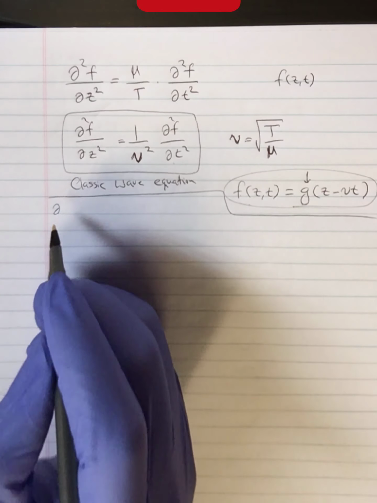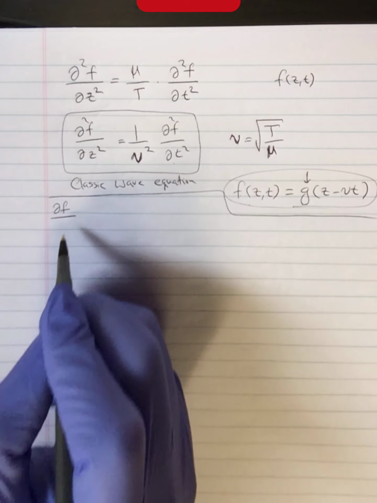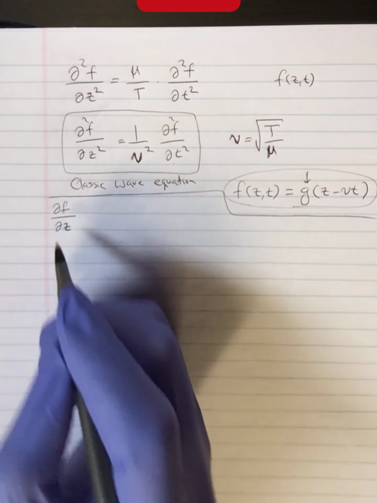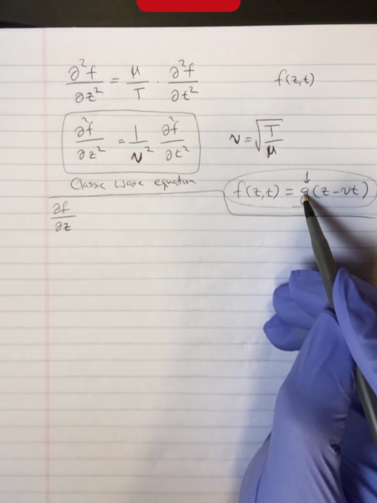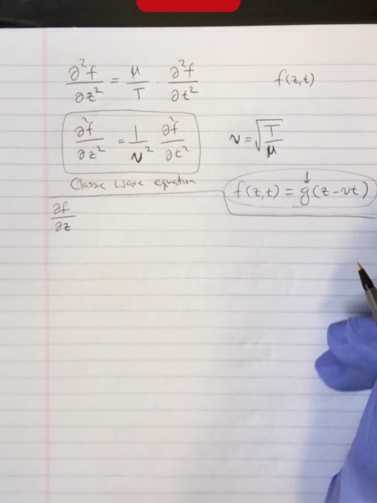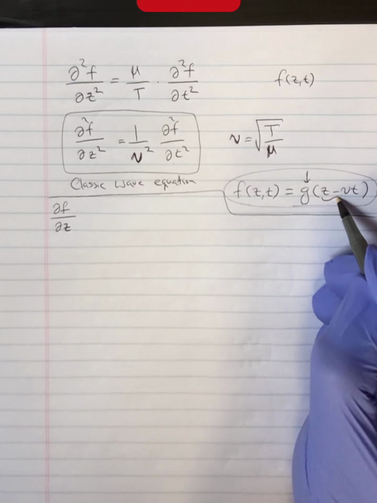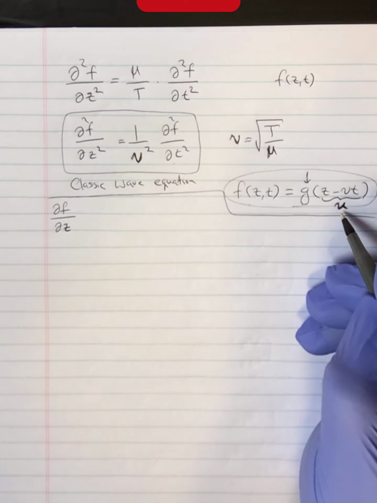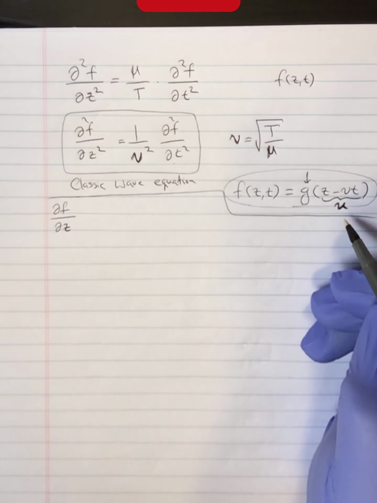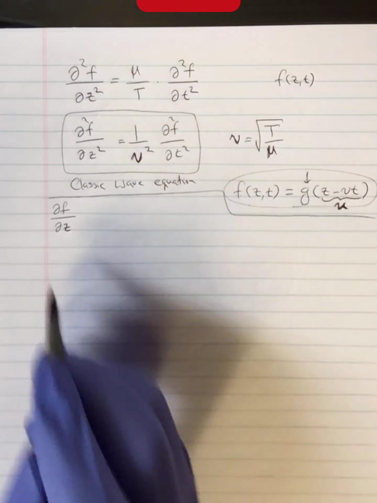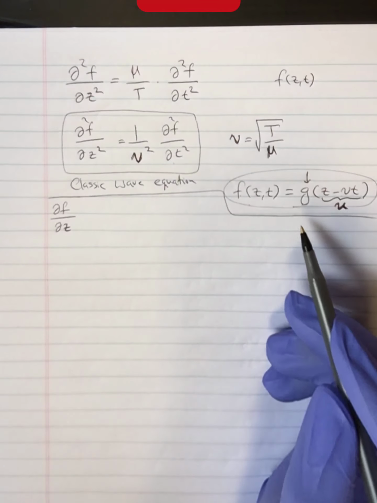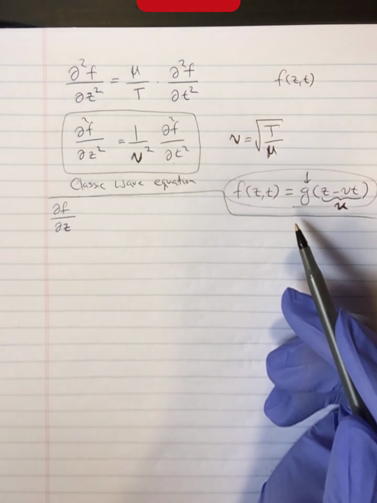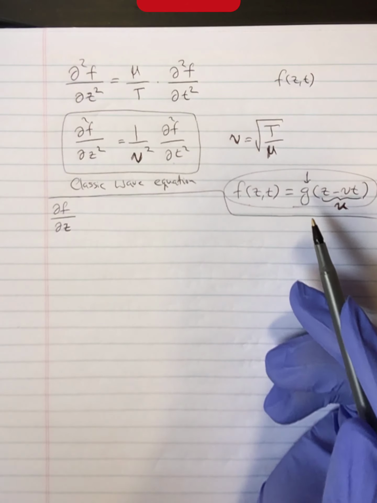Derivative of F with respect to z. So we're going to write it in terms of the function g. In order to do that, I'm going to make the assumption that this z minus vt is actually u. I'm going to call that u, and I'm going to use the chain rule to write these derivatives in terms of g.